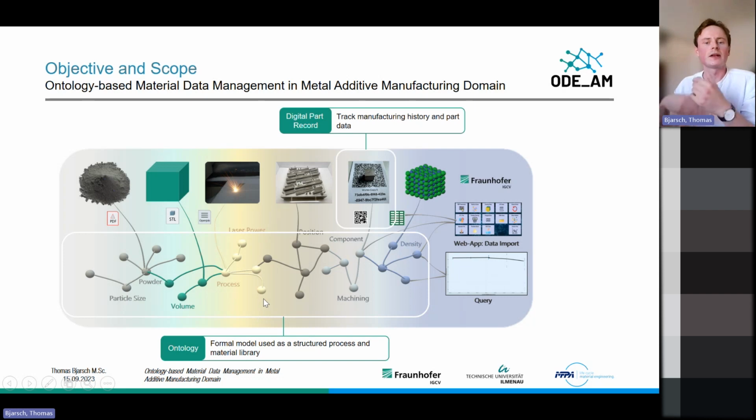We also want to be capable of tracking the manufacturing history for each specific part, because, for example, in academia, you always get specimens which are often numbered just 1, 2, 3, and so on, and nobody knows where they come from or where they have to go. So we want to have a digital part record.